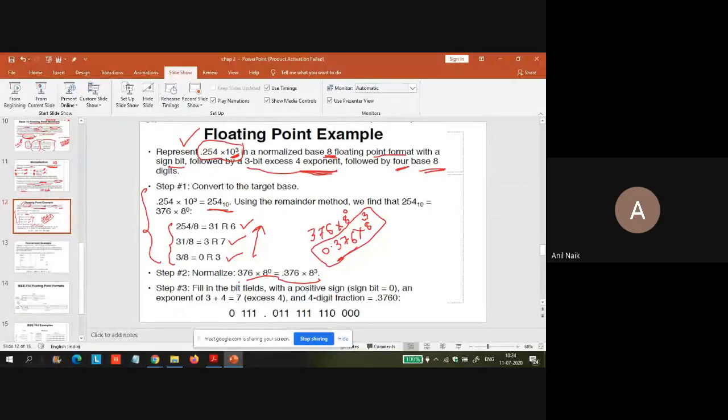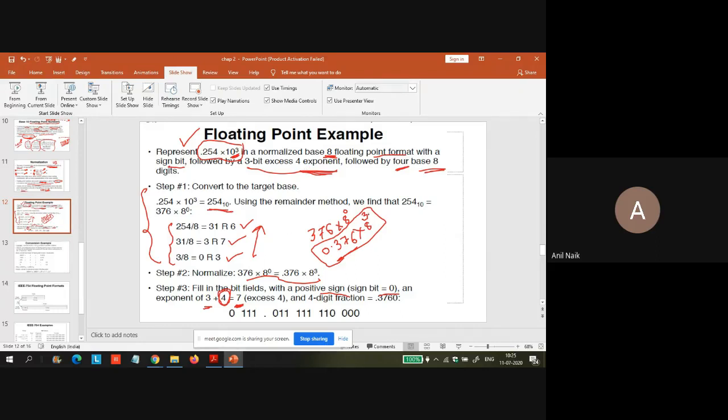Here it is a positive number, so the sign bit is 0. Excess 4 means you need to add 4 to the exponent. The exponent value is 3, and 3 plus 4 is 7.